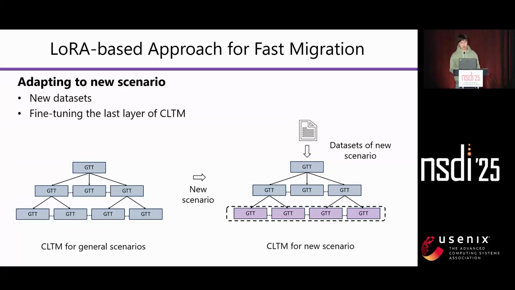To do so, we don't modify all parameters. Instead, similar to LoRa, we only train part of the parameters. And here, we just fine-tune the last layer of the CLTM, because it most directly influences the output.